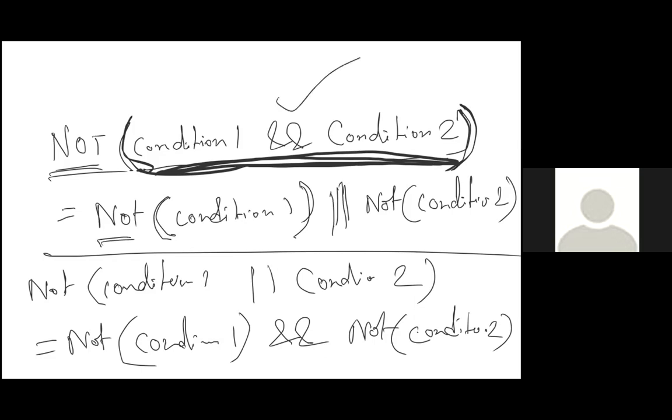So this reverses. And if you take the negation of an OR condition, then you negate the individual conditions and again reverse it. So if it is OR, it will become AND, and AND will become OR. Simple.